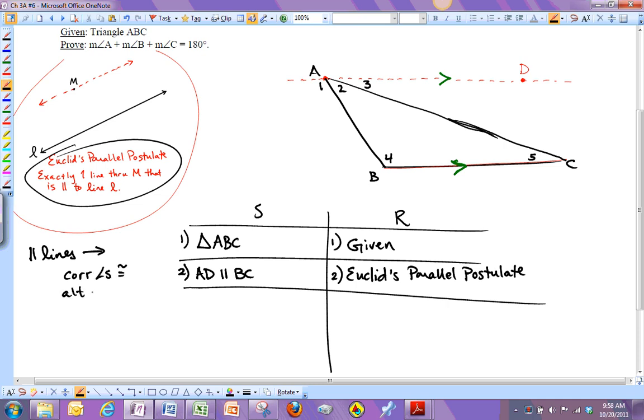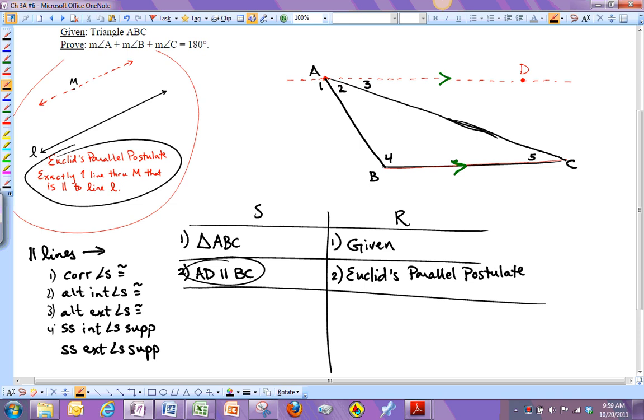One of those alternate interior angles are congruent. Alternate exterior angles are congruent. Same side interior angles are supplementary. And same side exterior angles are supplementary. So really, anytime you have a line like this, you're going to then start thinking about these 5 things here. Okay, and see which ones help you.